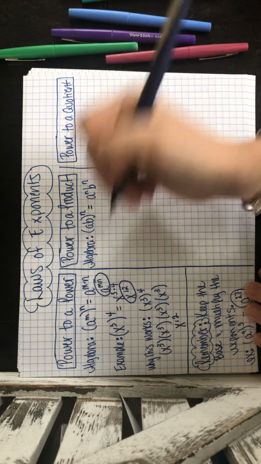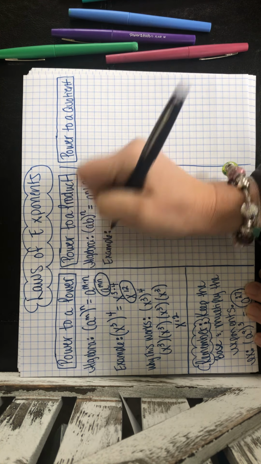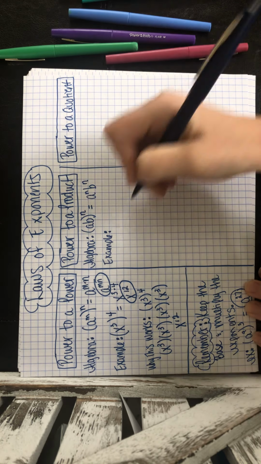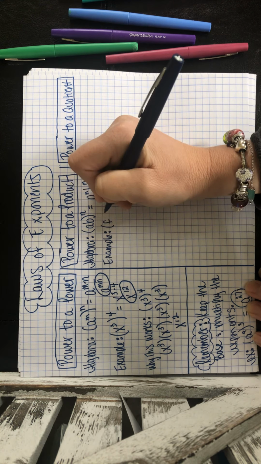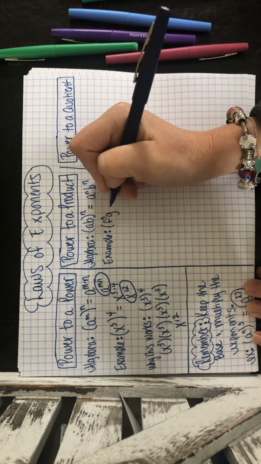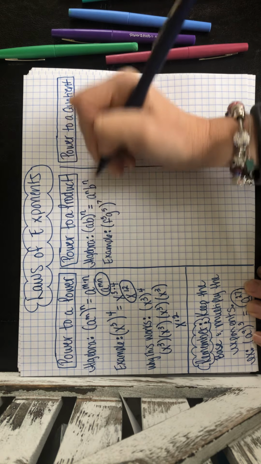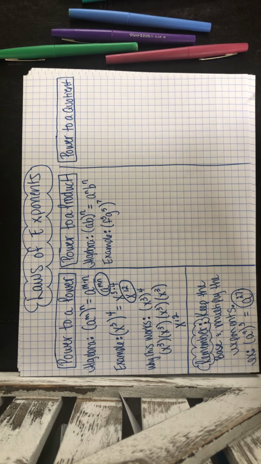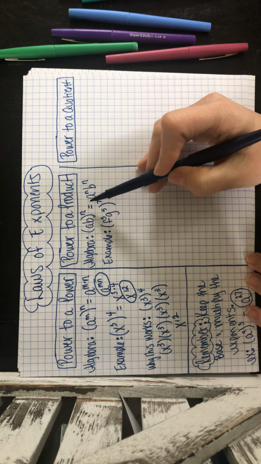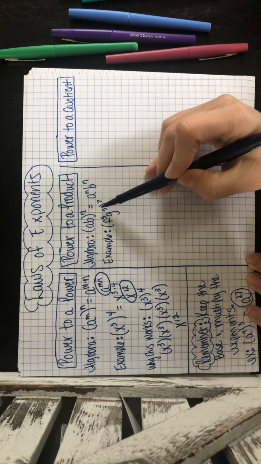Okay, so we'll look at an example of this, what it will look like. So if we have F to the third, G to the fifth, and all of that is being raised to the seventh. This indicates, remember, that this out here says that we have 7 of these quantities.